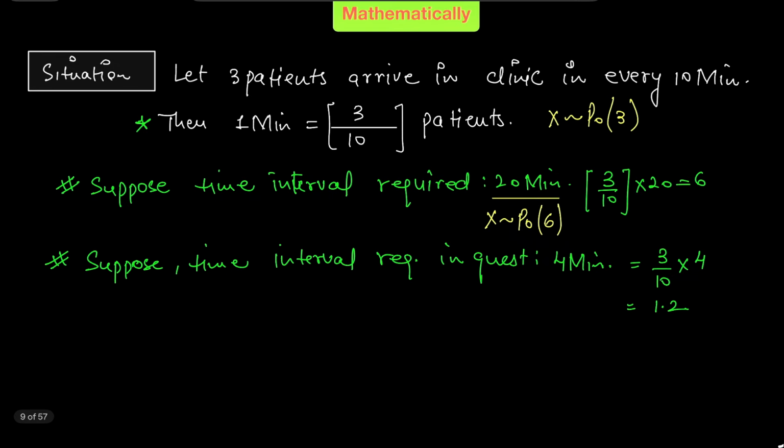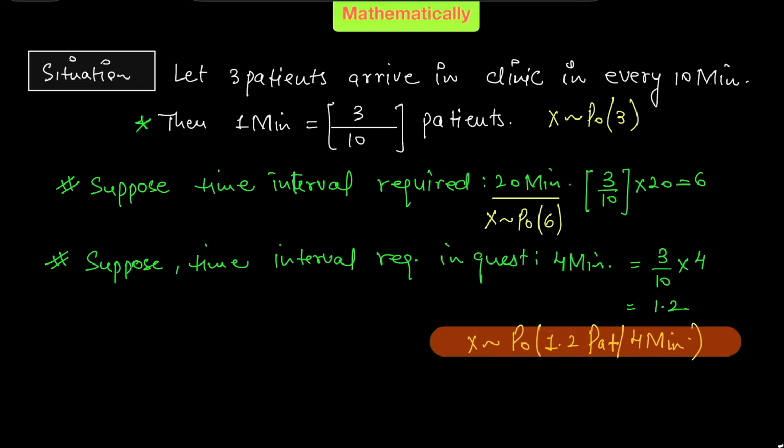So now X follows a Poisson distribution with mean 1.2 patients for the 4-minute interval. It is very important to understand that whenever we do a question based on Poisson distribution, we need to change the Poisson distribution according to the time interval shared in the question. Let's understand this topic in detail in the questions ahead.